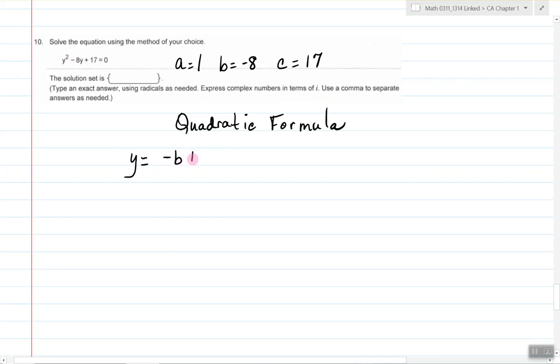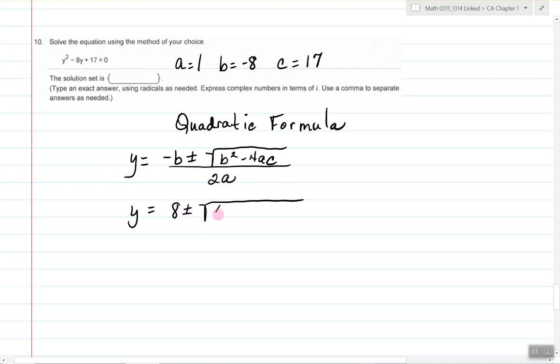Negative b plus or minus the square root of b squared minus 4ac, all over 2a. y is equal to negative b, which means the opposite of b, so that's 8 plus or minus the square root of negative 8 squared minus 4 times the value of a, which is 1, times the value of c, which is 17. All of that over 2 times 1.